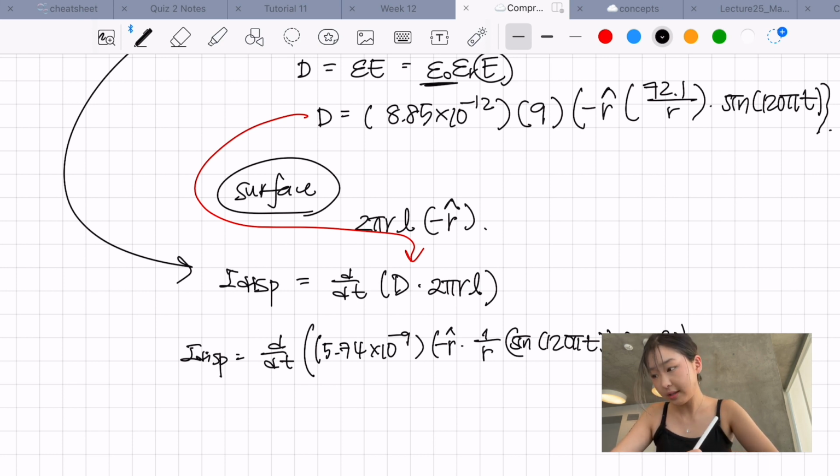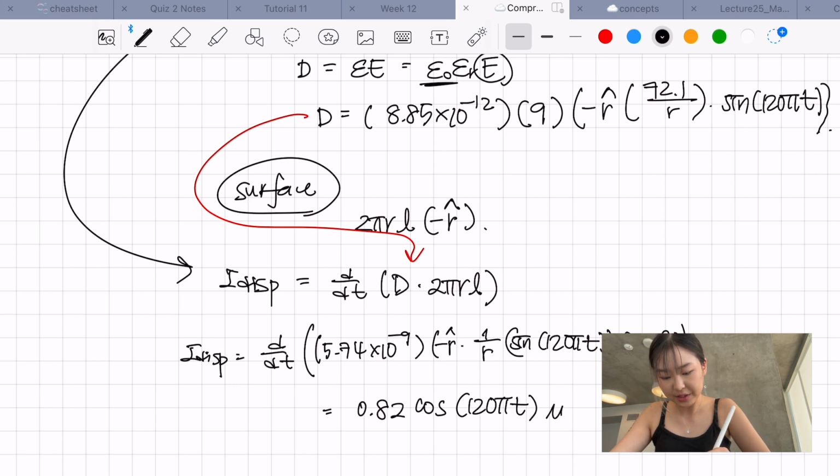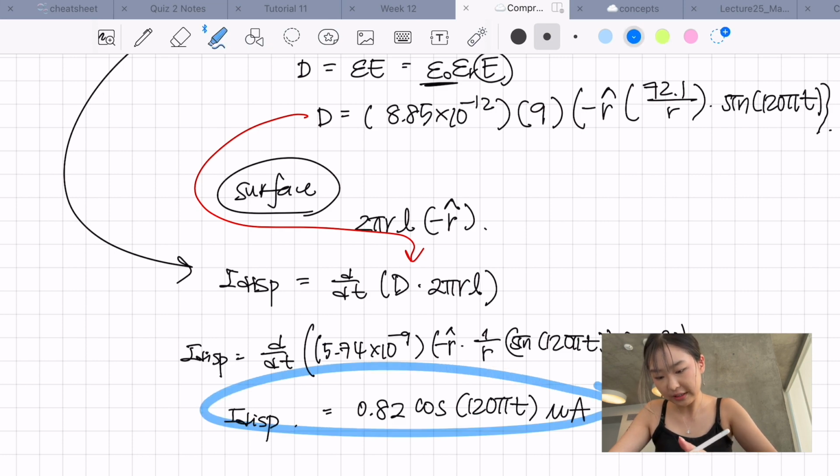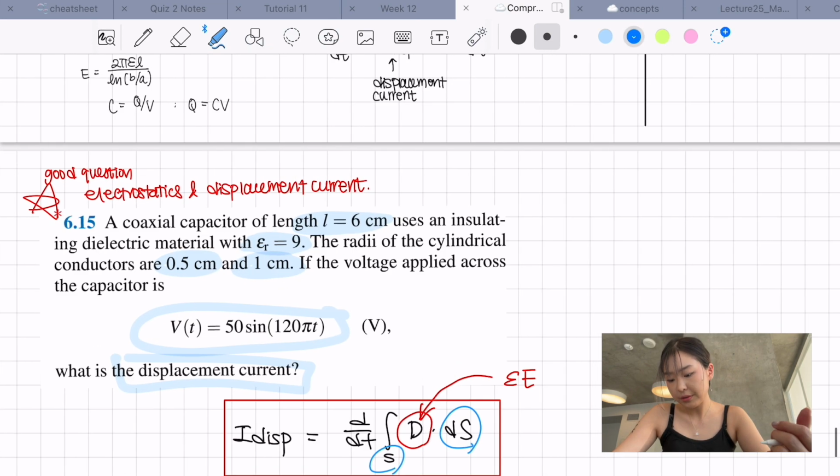And if you simplify, this is going to equal 0.82 cosine 120 pi t in microamps. And this is how to find the displacement current when you're only given the epsilon values, the length, and the radii of the cylindrical conductors.